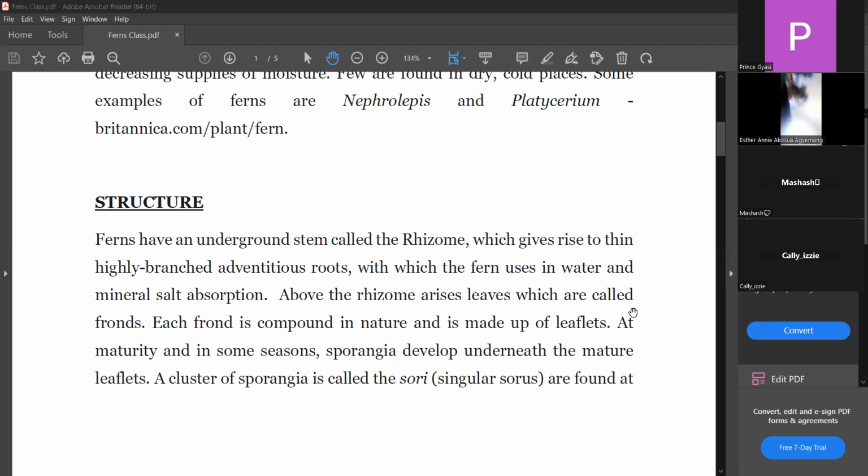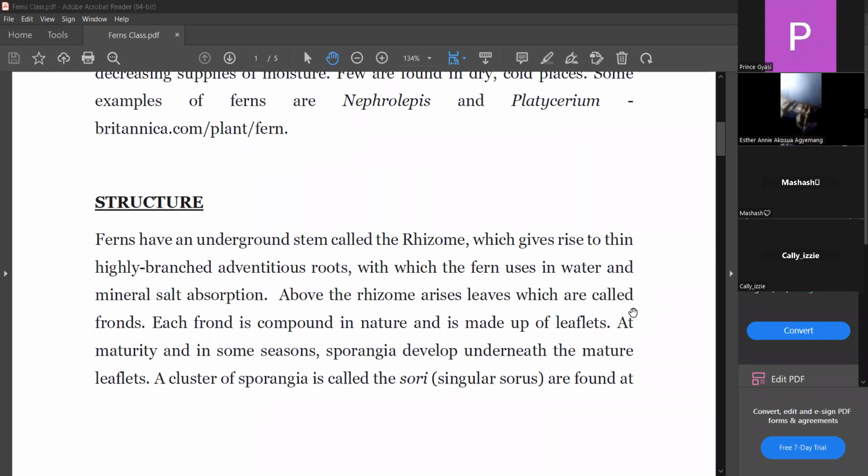So you have the frond being compound in nature, and then at maturity, the underside of the leaflets develops what we call sporangia, right? So there are sporangia underneath the leaflets at maturity. Now, a cluster of sporangia is what we call the sori, or singular sorus.